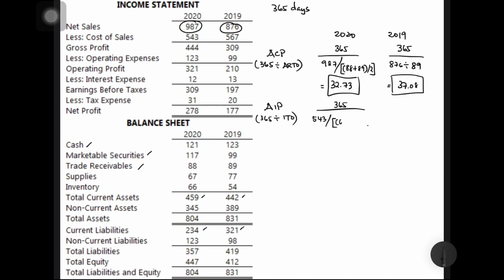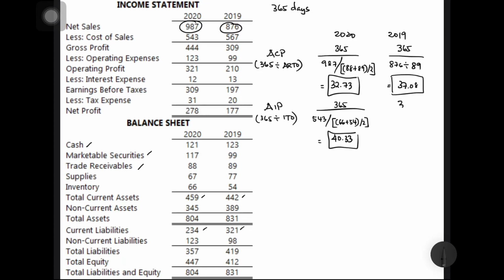So that's 66 plus 54 divided by 2. Answer is 40.33 days.